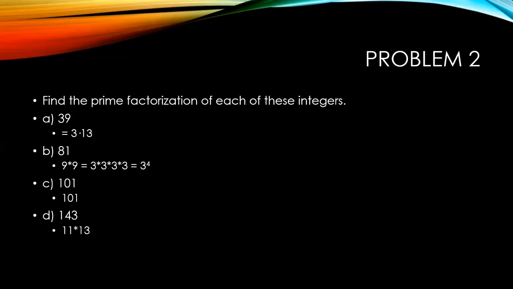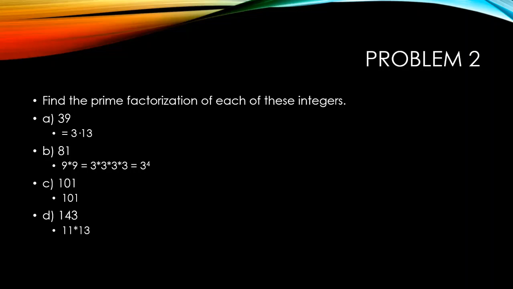Okay, how about 81? So definitely, one factor of 81 is 9. Okay, 9 times 9. So after getting these two factors, check if they are prime. 9 is not a prime. So we need to get the factors of 9.